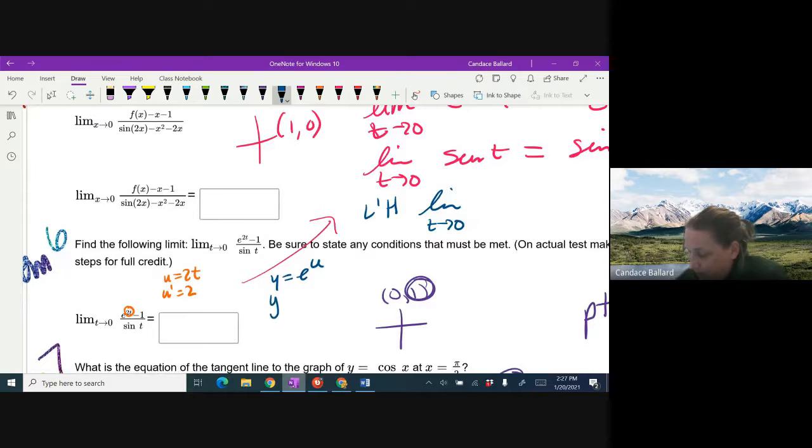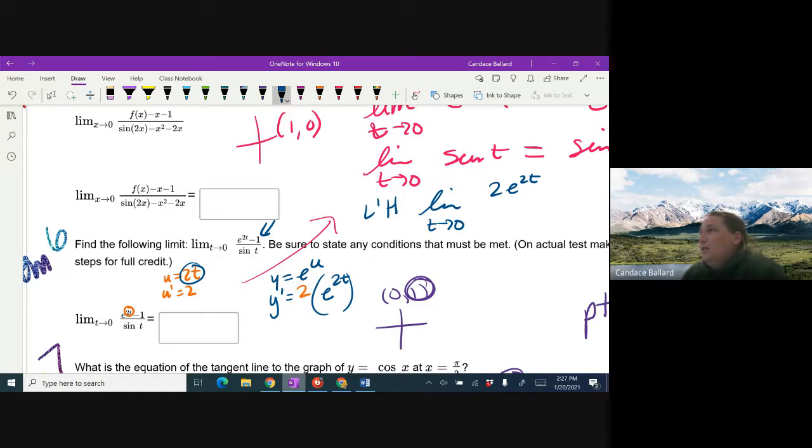What's the derivative of e to the u? Yep, e to the u, good. So instead of writing u, I'm really shortcutting this, put the 2t in, and then multiply by the derivative of the outside. So for my L'Hopital's rule, I would end up with 2e to the 2t.